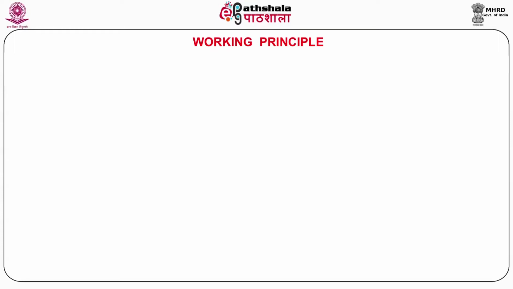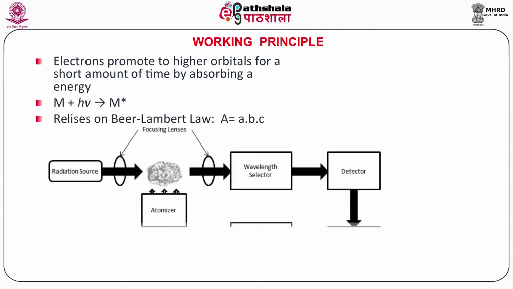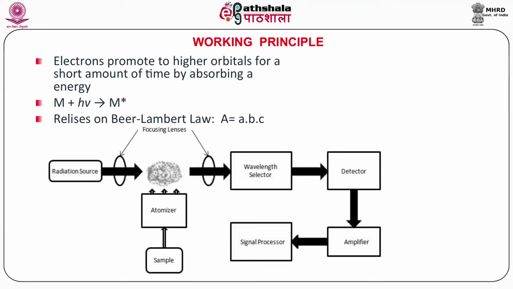Here we try to show you the working principle of atomic absorption spectroscopy. You can see an electron promoted to a higher orbital for a short amount of time by absorbing energy, M plus h nu equals M excited, which follows the Beer-Lambert law, that is A equals abc.